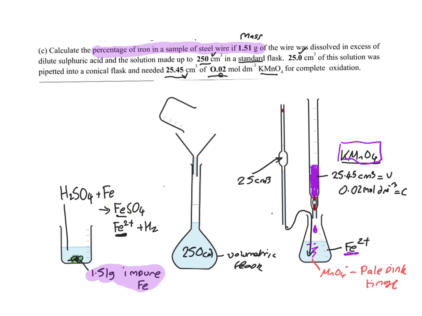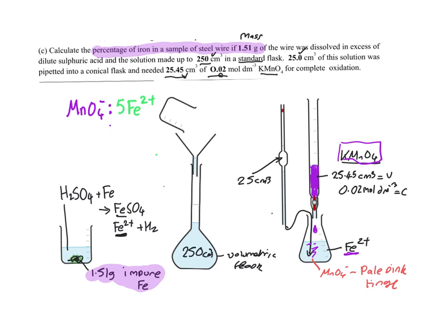So again, we need to go back to our redox reaction, and we need to remember the ratio of the oxidizing agent, which was the MnO4 minus, to our Fe2 plus ions, which, if you can remember, was a ratio of 1 MnO4 minus to 5 Fe2 plus ions, a ratio of 1 to 5.